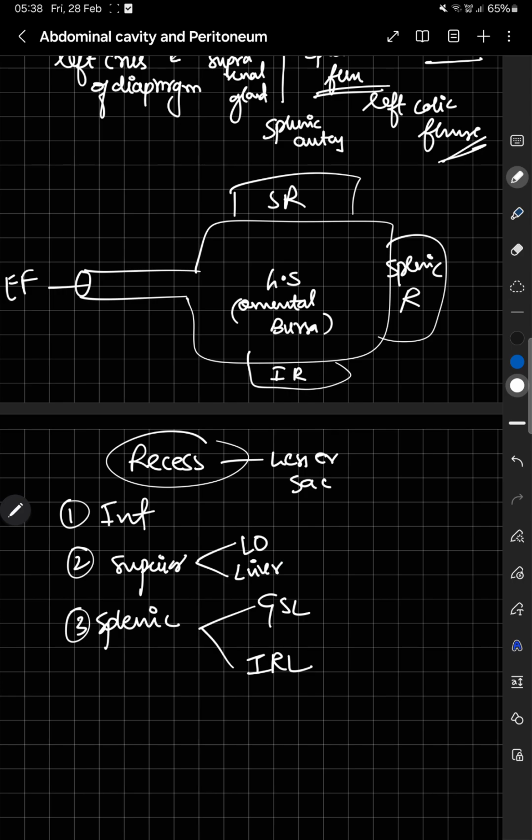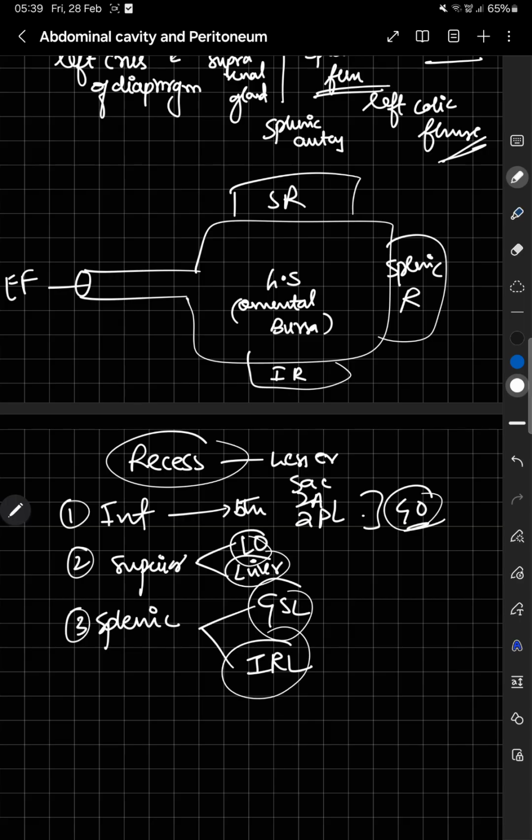Okay, and the inferior one is between the anterior and posterior layers of the greater omentum. So basically the inferior recess is there, the superior is between the lesser omentum and liver, and the splenic is near the gastrosplenic ligament and lienorenal ligament. The space is present between them.